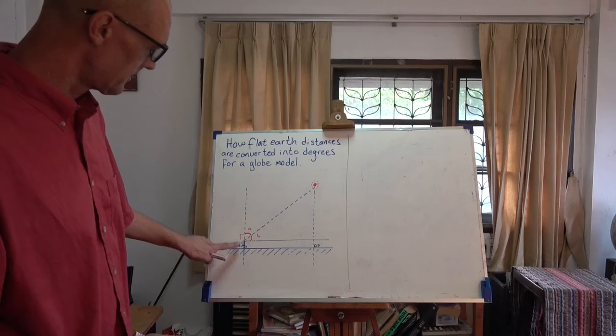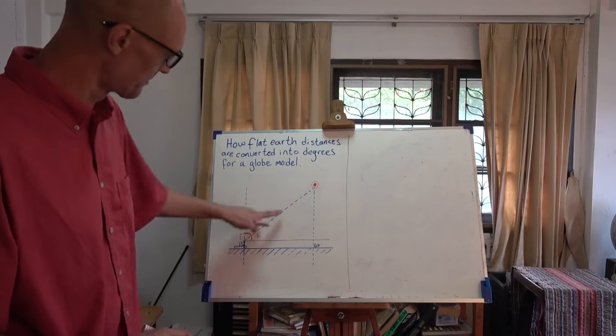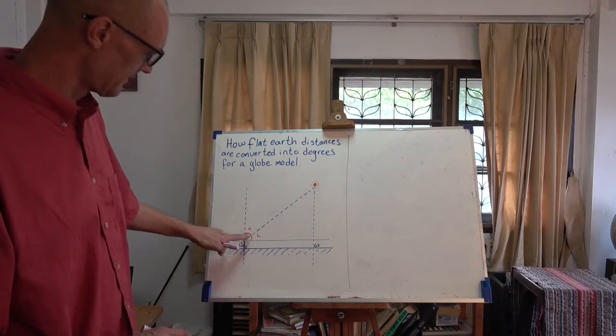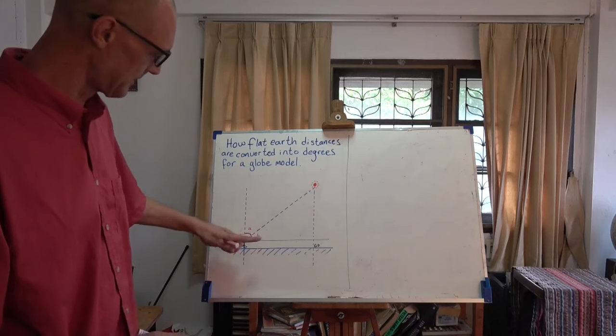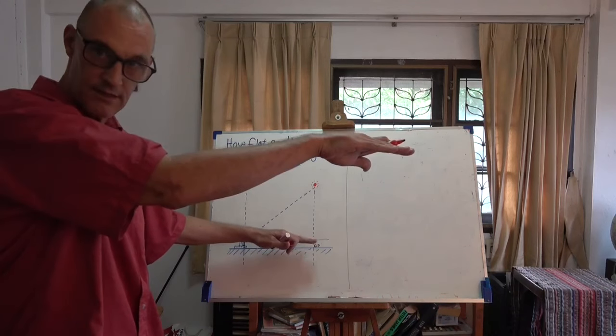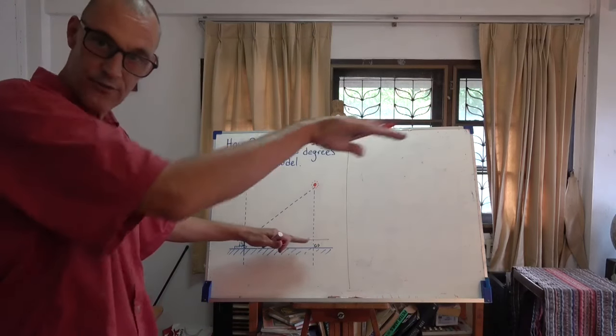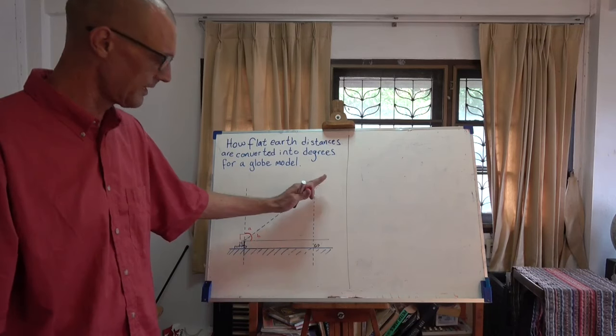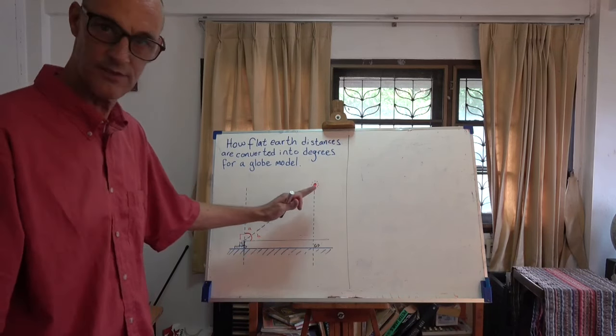So the person on the boat makes an observation to this sun or star, and there's going to be two angles here. There's going to be the angle between the horizontal, which would be the observer's view of the horizon directly in front of them at eye level, and then up to here, the angle of elevation if you like.